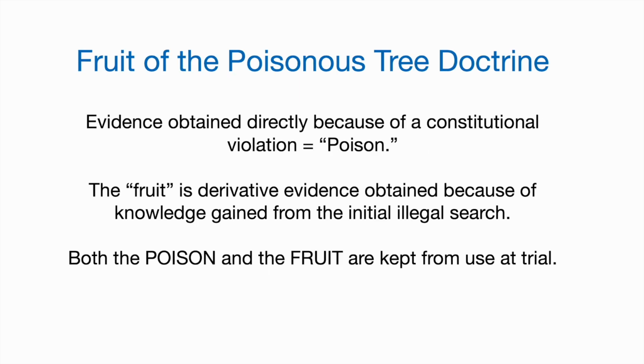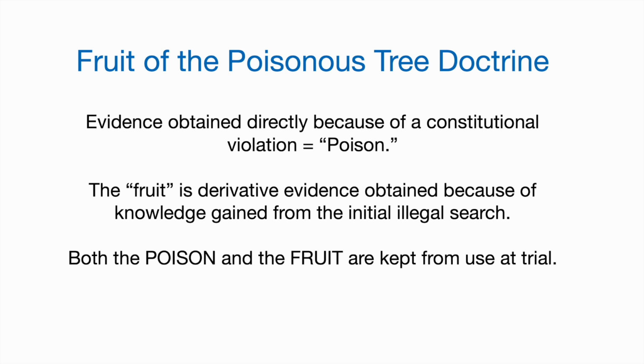As part of the exclusionary rule, there's something called fruit of the poisonous tree. You're probably wondering, why are we talking about plants in a course dealing with constitutional concepts and Fourth Amendment protections from unreasonable searches and seizures? Well, it is a phrase that conjures up an image in the mind, and that's exactly what it's supposed to do.